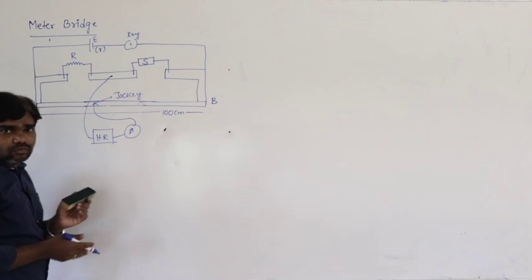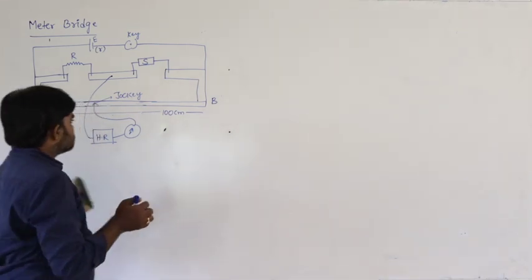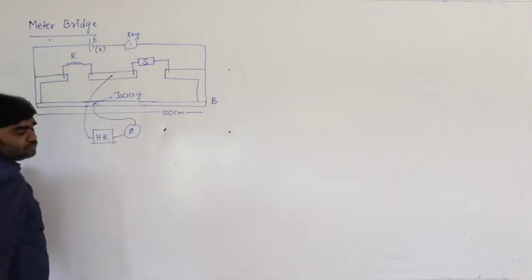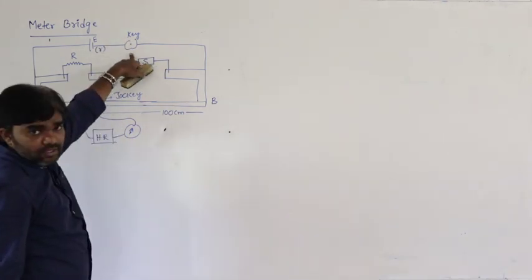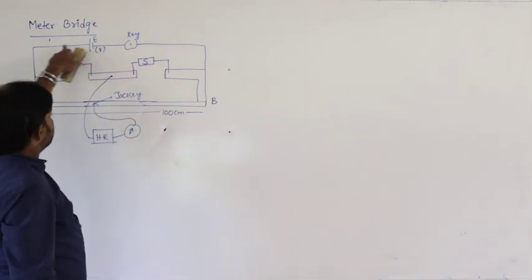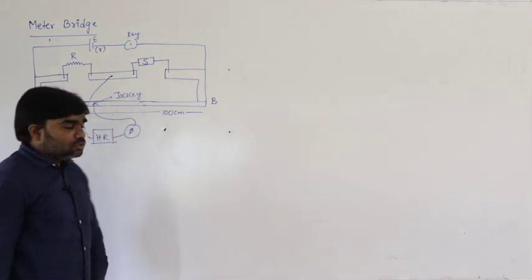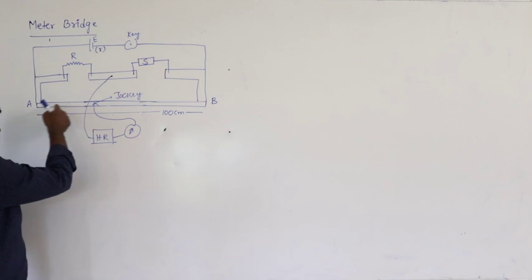If the key K is closed, then current passes through the circuit.